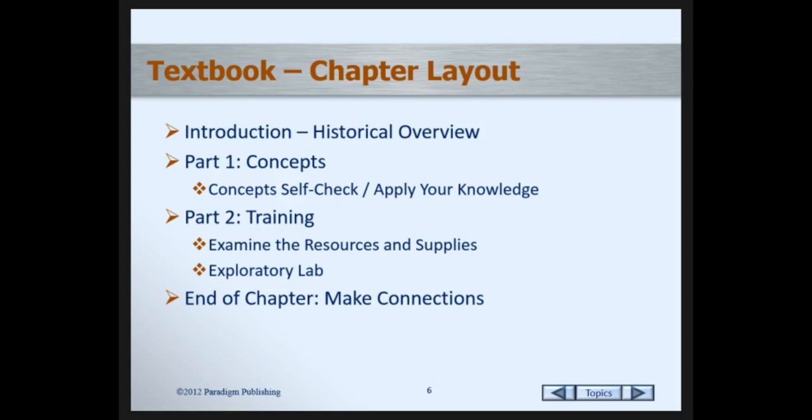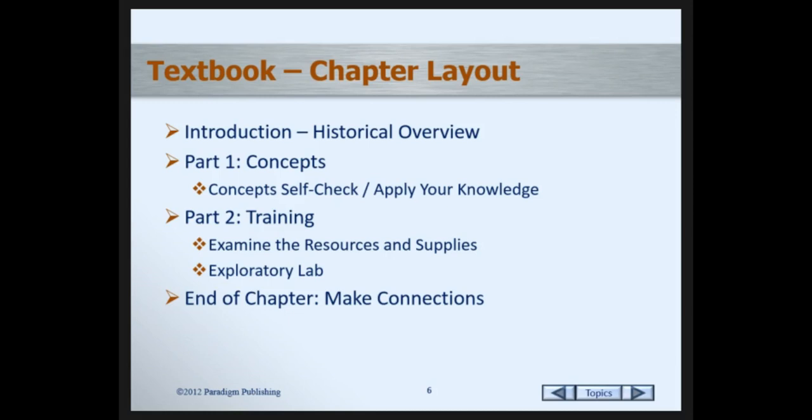One is the concepts, and that discusses the concepts of the purpose of the chapter. And then at the end is the concept self-check, apply your knowledge questions. Part 2 of the chapter is about training, and it covers the resources and supplies and discusses those.